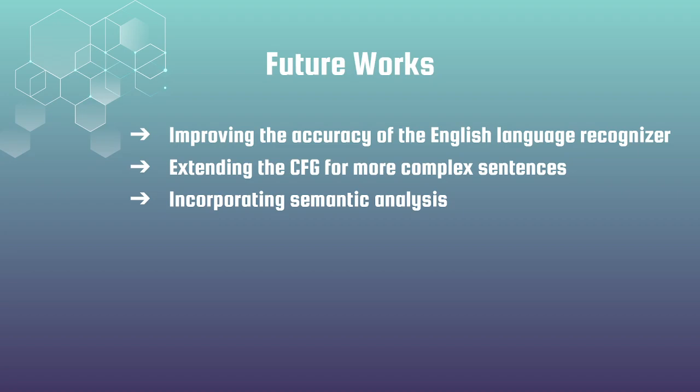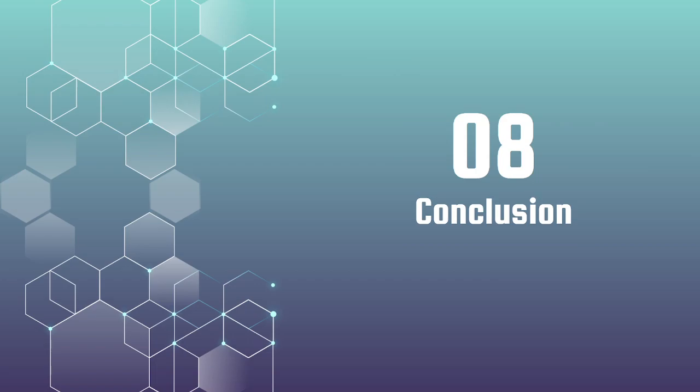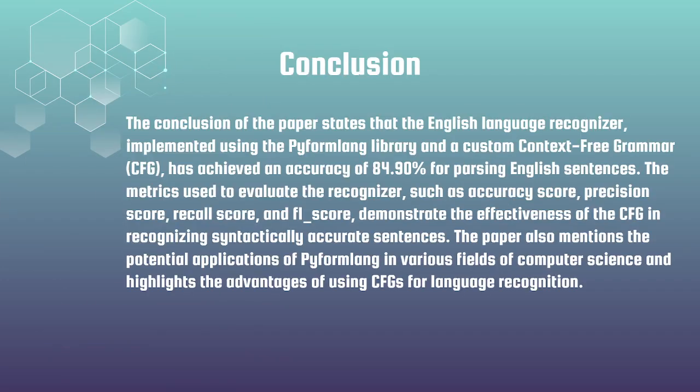Lastly, we have the conclusion. Here, the conclusion of this paper states that the English language recognizer implemented using the PyFormLang library and a custom CFG has achieved an accuracy of 84.9%, which is really high for parsing English sentences.